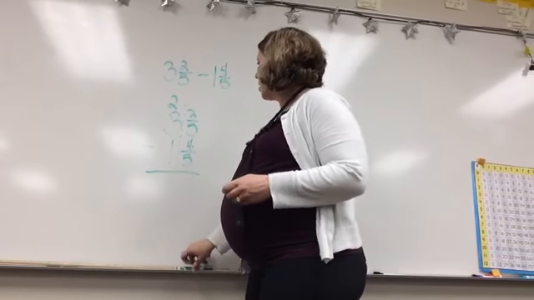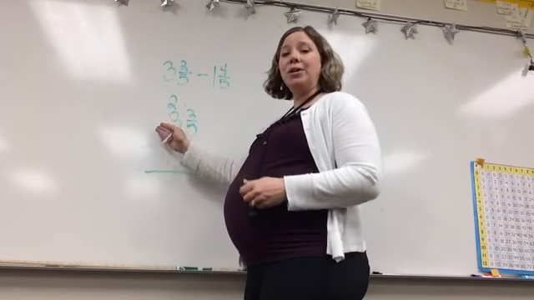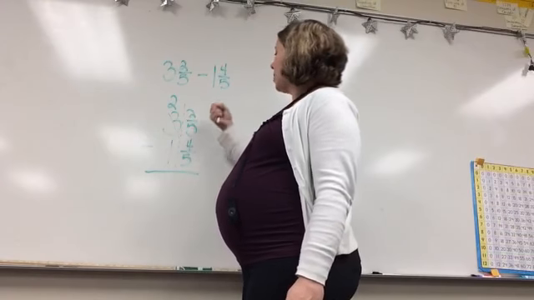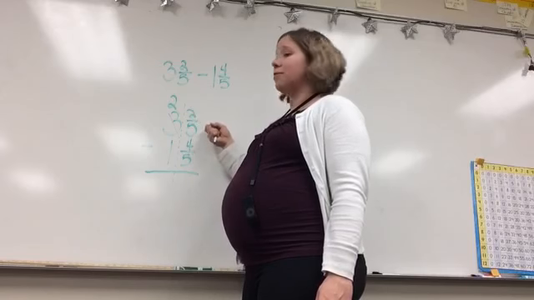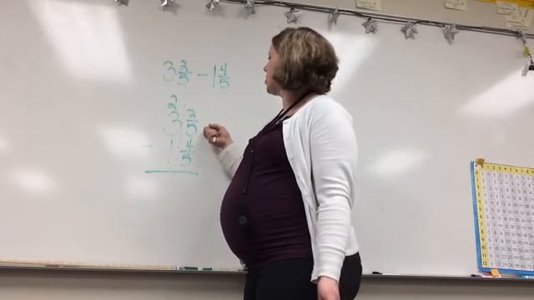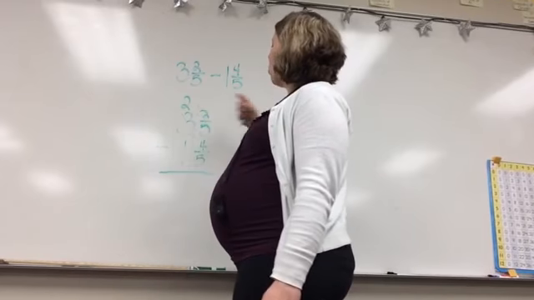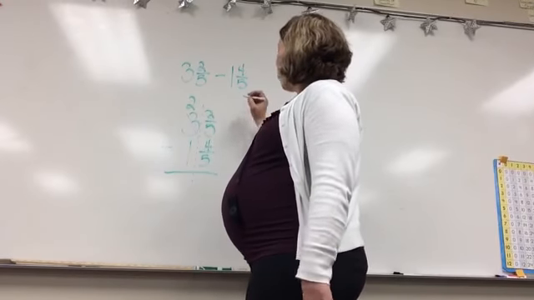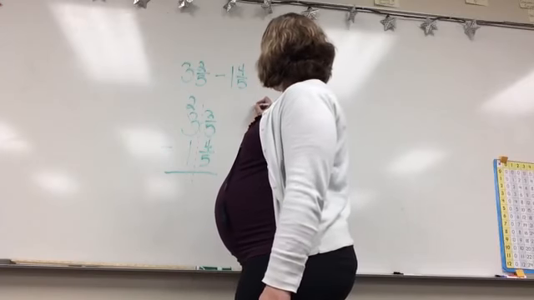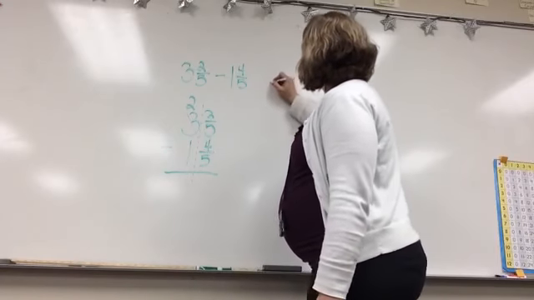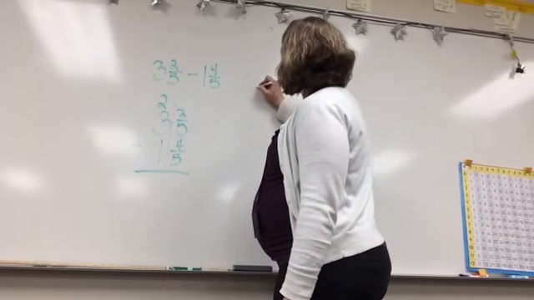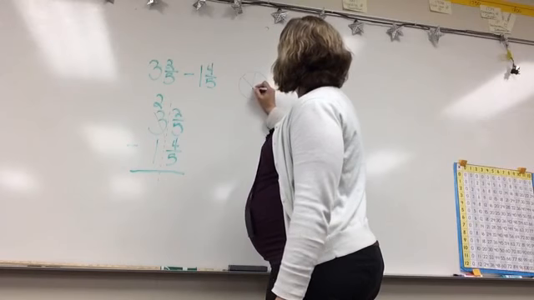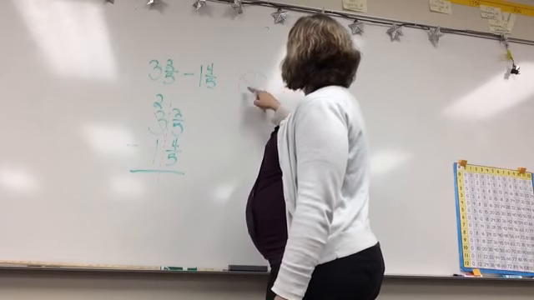Okay. Now I take that whole number that I took away, and I'm going to add it to the fraction side. But in order for it to be on the fraction side, it has to be a fraction. So I took 1 away. 1 whole, if I had a pie that was divided into fifths, there's fifths.